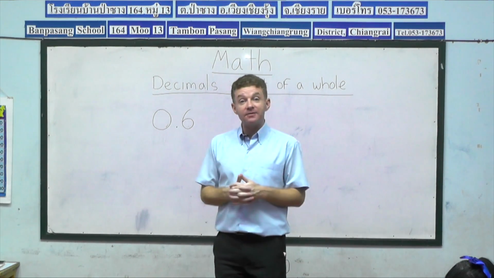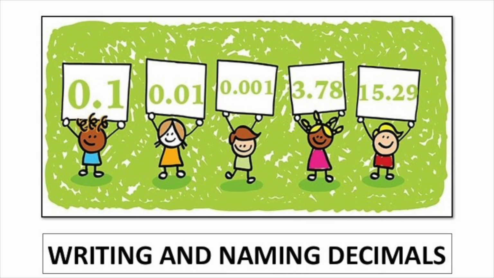So let's turn to look at the TV screen, please, guys. So let's take a look at our PowerPoint presentation today, writing and naming decimals. Okay, so we can see in the picture here, there are lots of different decimals. So first of all, we can practice how to say them.